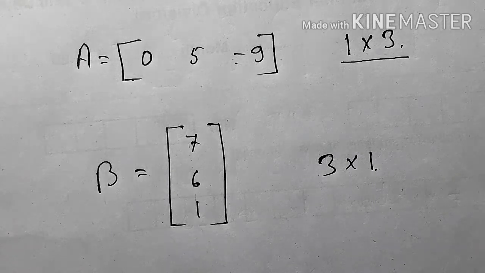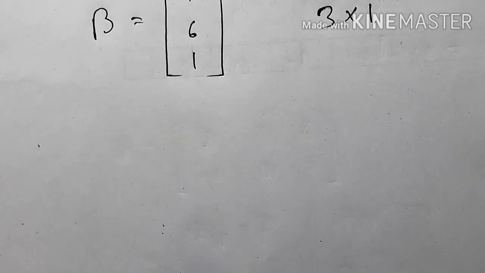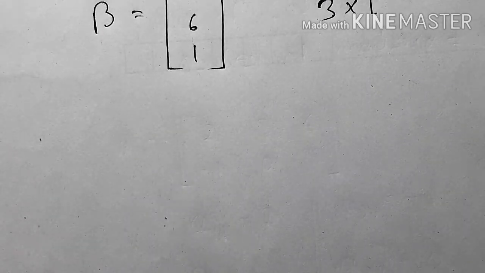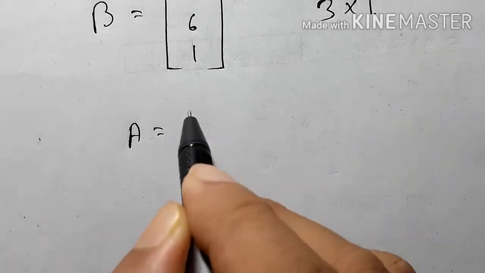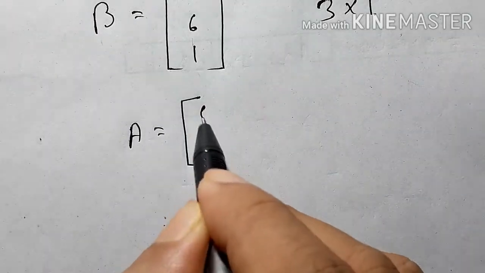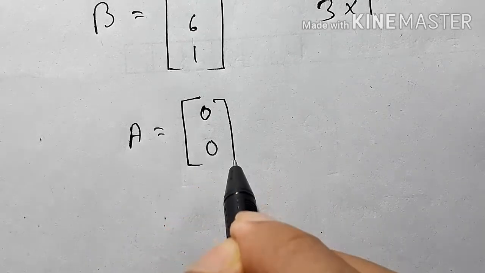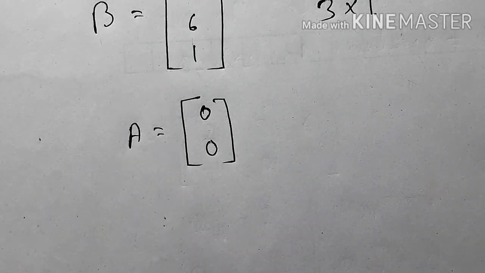Next, null matrix. Null matrix means all the elements of the matrix are 0. So any kind of matrix, row matrix or column matrix or square matrix, if all the elements of the matrix are 0, then it is known as a null matrix or zero matrix.